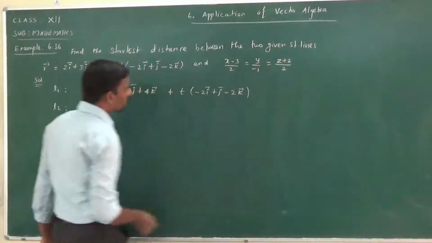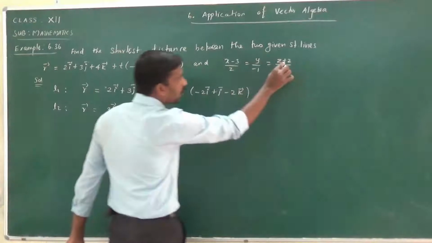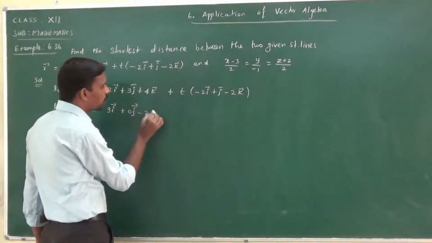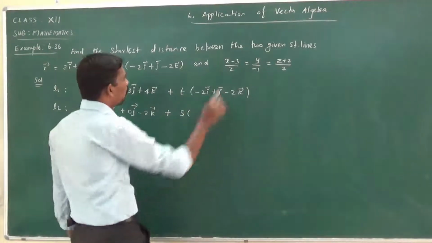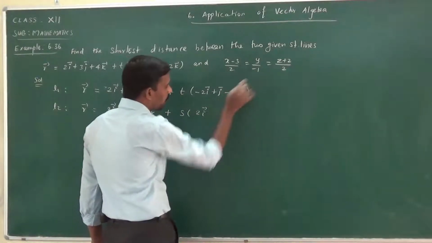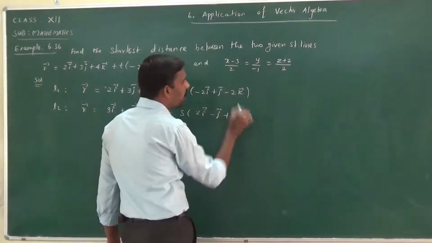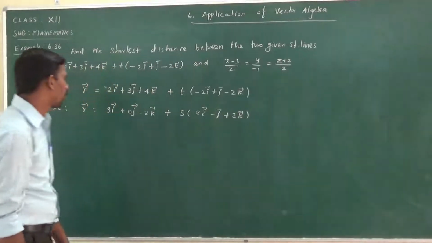In y, there is no term in the numerator, just 0 j vector. In z, the constant plus 2 is there, so you take minus 2k vector, plus s into 2i vector minus j vector plus 2k vector. In the denominator, you take it as it is, but in the numerator, you change the sign.